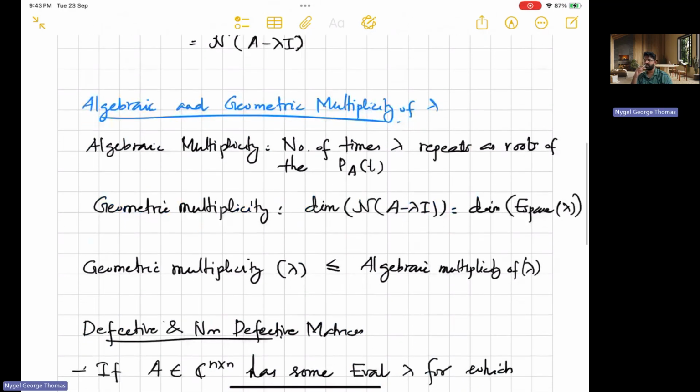Using eigenspaces, we can define another multiplicity. So you've already seen the algebraic multiplicity.